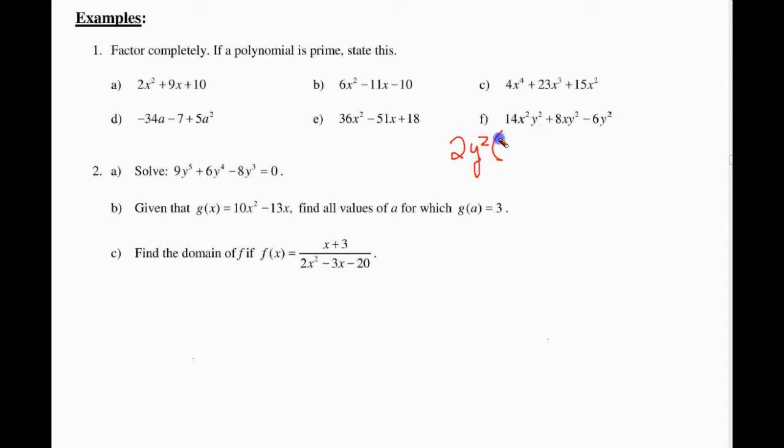So this then gives me 7x squared plus 4x minus 3. And I think we're good. So we get 2y squared and then this in 2 parentheses.